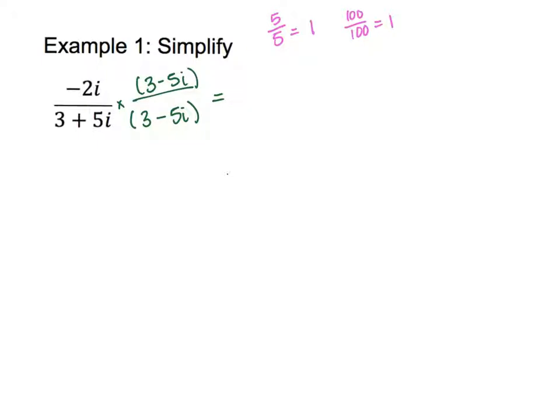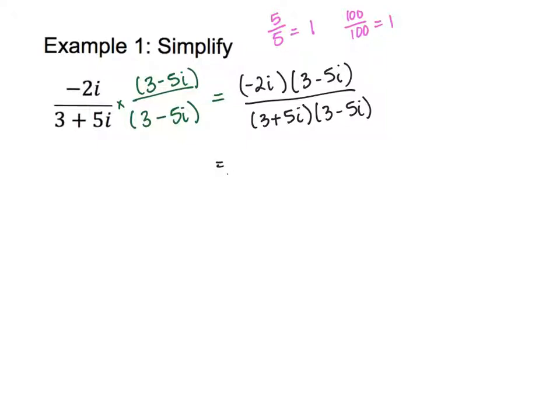When we're multiplying this out, we need to distribute. Let's do the top first. So we are multiplying negative 2i, let me write that in black, negative 2i times 3 minus 5i, all over 3 plus 5i times 3 minus 5i.